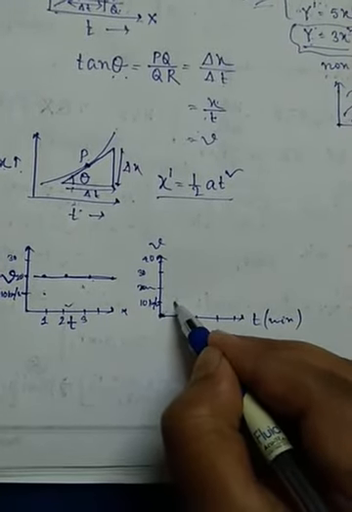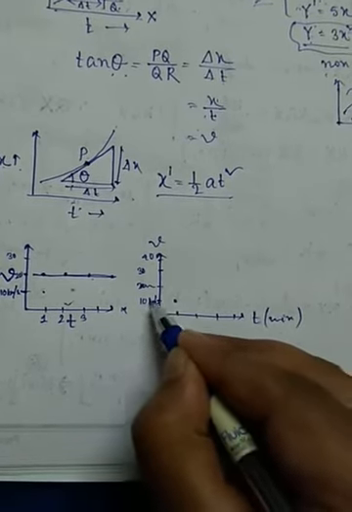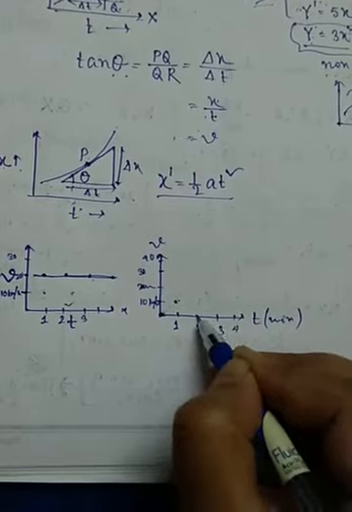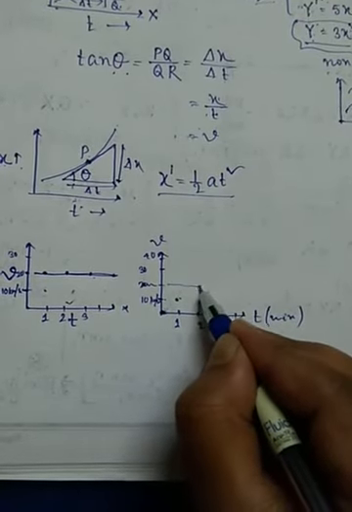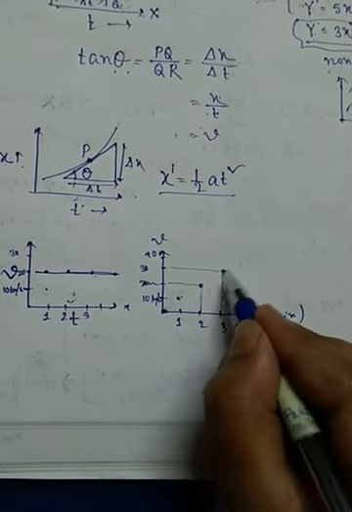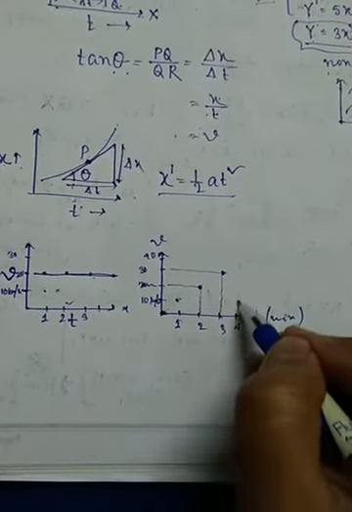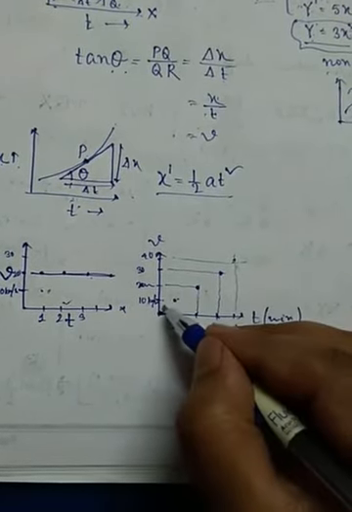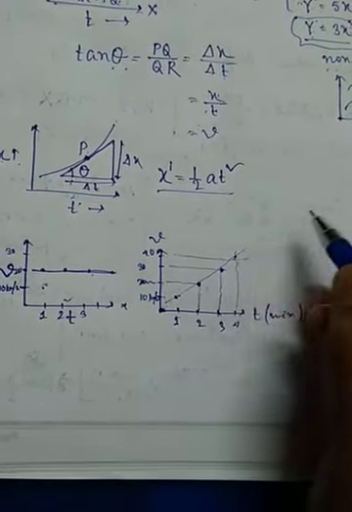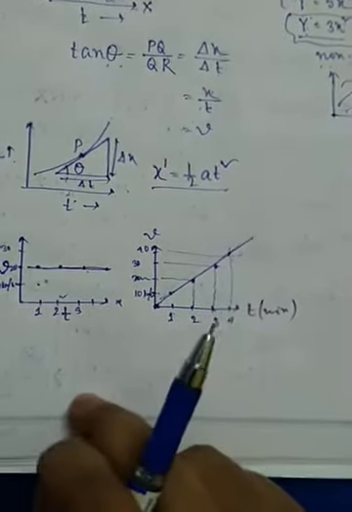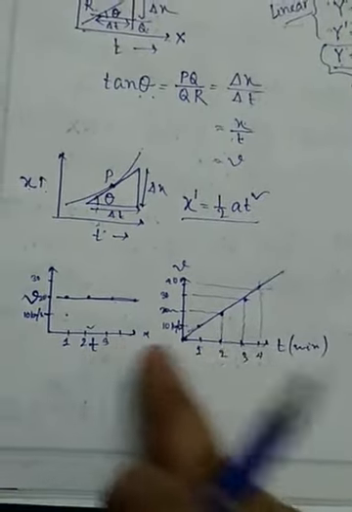After 1 minute I am observing the speed is 10 kilometer per hour. After 2 minutes, let's say the speed is 20. After 3 minutes, the speed is 30. And after 4 minutes, the speed is 40. So I am getting a point trajectory like this. If I join the points, I shall get a graph. But what is the difference between these two graphs?